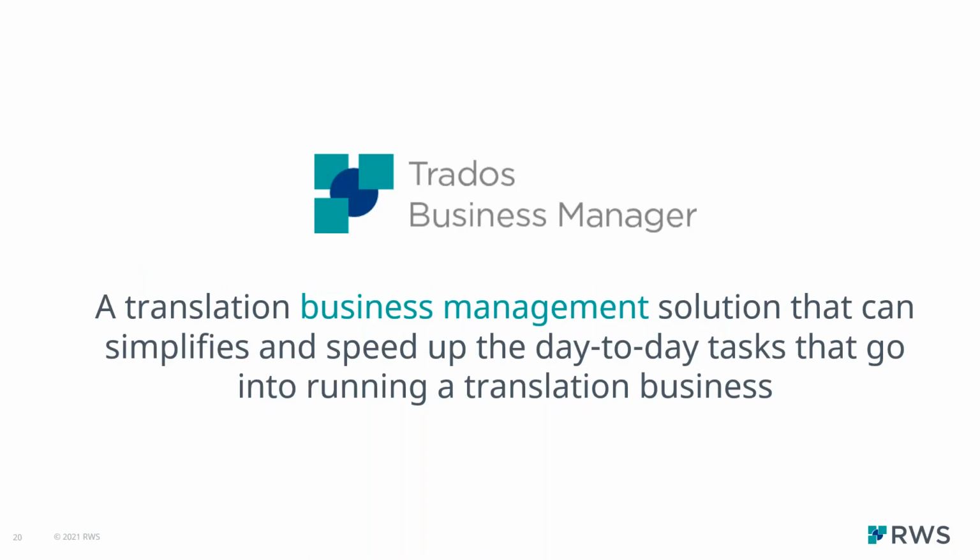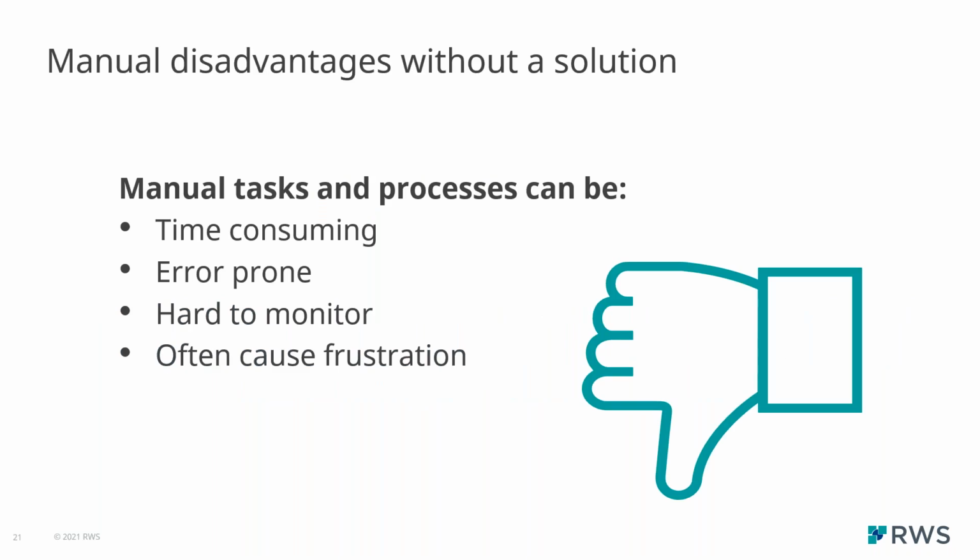So what is Trados Business Manager? Simply put, Trados Business Manager is a translation business management solution that can simplify and speed up day-to-day tasks that go into running a translation business. Without a dedicated solution like Trados Business Manager, there would be manual processes such as cutting and pasting, using a calculator, possibly multiple spreadsheets, as quite a lot of you said today, you're using Excel.